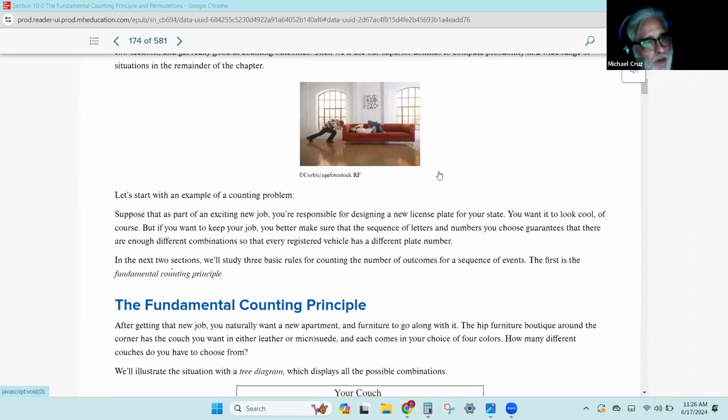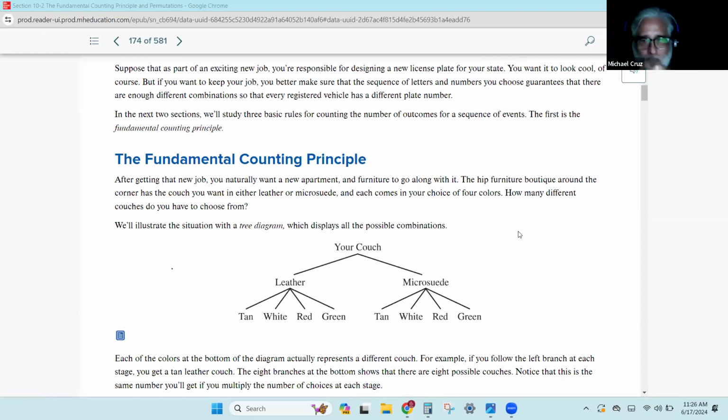If you've got 2 events and there's a particular number associated with the first event, and then the other event also has a number associated with it, when you combine those 2 events, you can find out how many different ways there are to do it by multiplying.